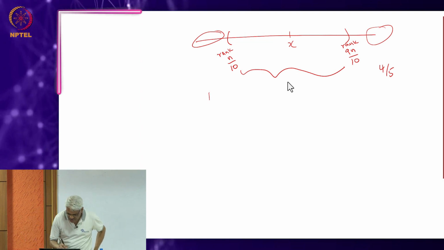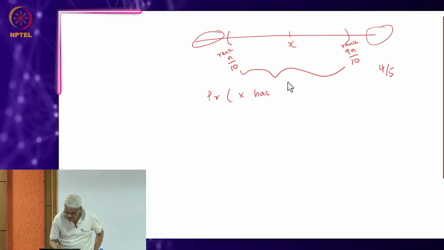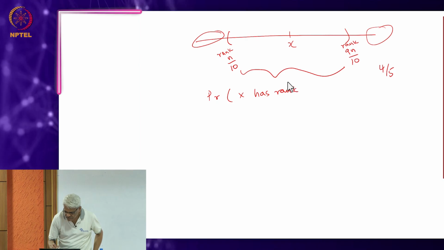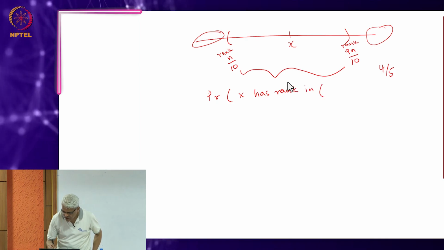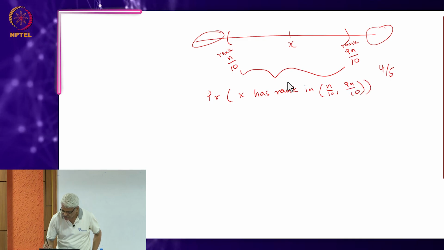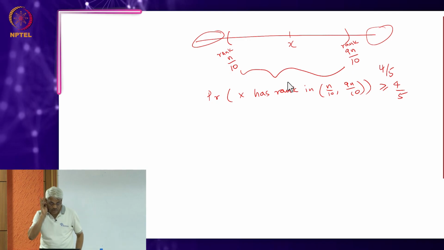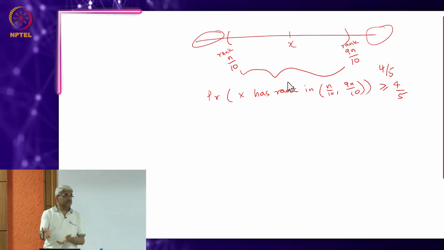So the probability that x has rank in n over 10 to 9n over 10 is exactly equal to 4 by 5. That's good, much more than 50% probability.